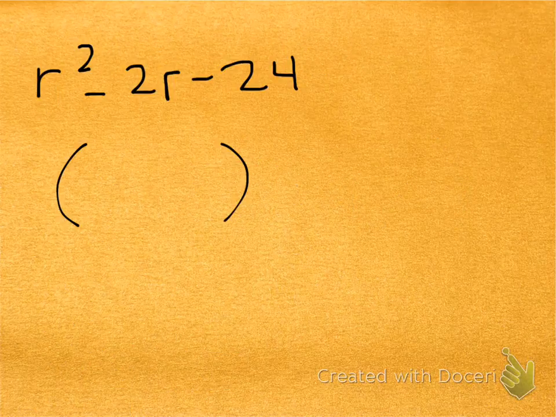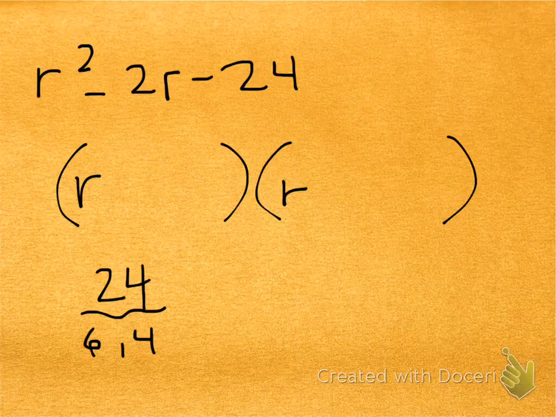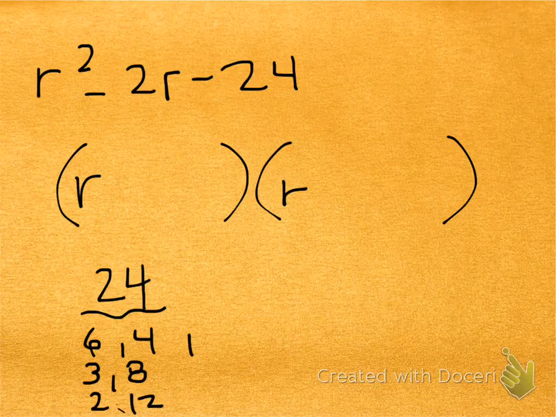Again, factoring. So we have our r's. We need factors of 24: 6 and 4, 3 and 8, 2 and 12, 1 and 24, and we need to get negative 2.